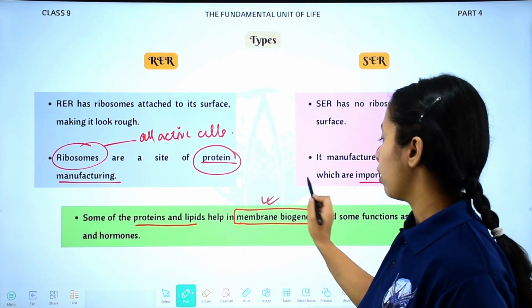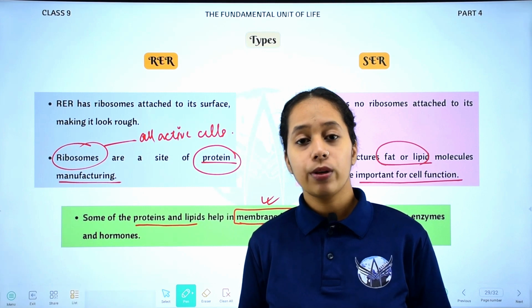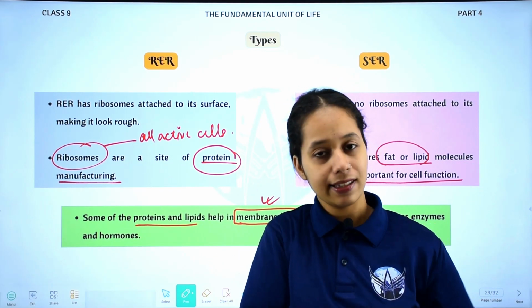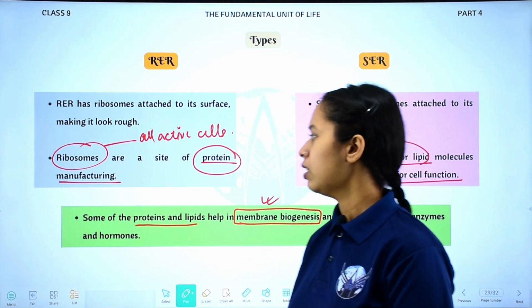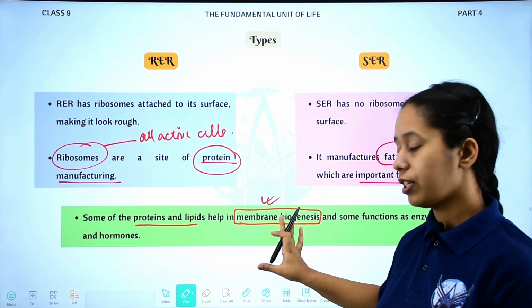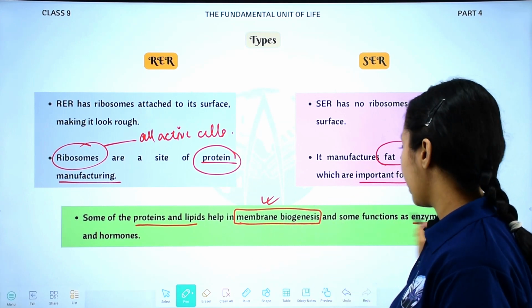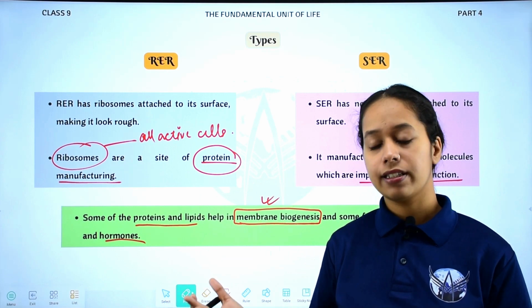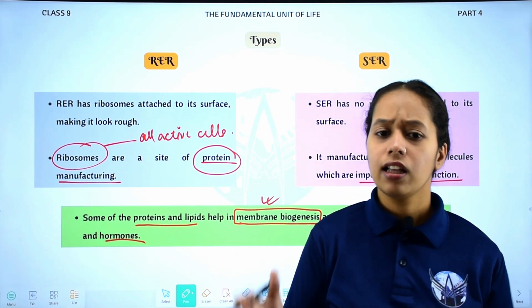What is membrane biogenesis? It is the process by which a cell membrane or plasma membrane is made. So some help in membrane biogenesis and some function as enzymes and hormones. Now, what are enzymes?